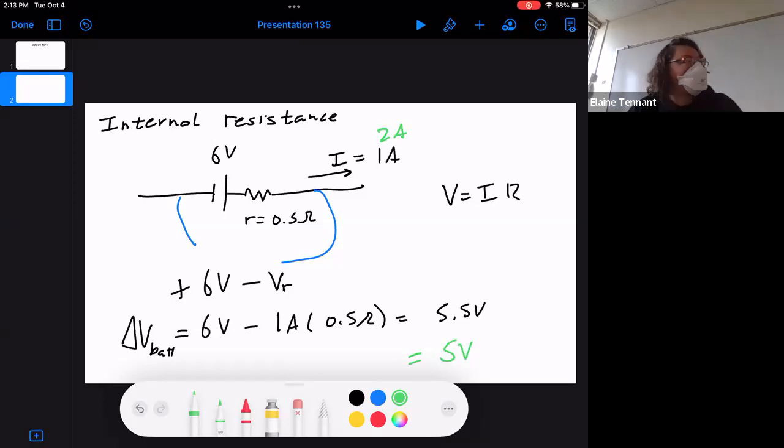And so I'm hoping you notice that the voltage that you're measuring across this battery is going to change depending on how much current is going through the battery. So depending on what you hook up to your battery, the voltage might drop a little bit, or it might drop a little more significantly. Does that make sense?